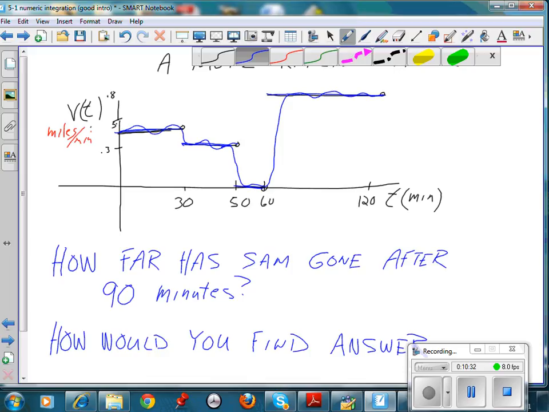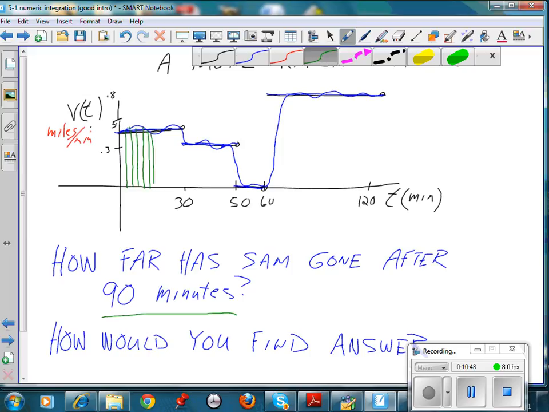If we wanted to know how far he traveled in 90 minutes, well, how would we find this answer? We could add up little rectangles. We're trying to find, it's still the area under this curve.